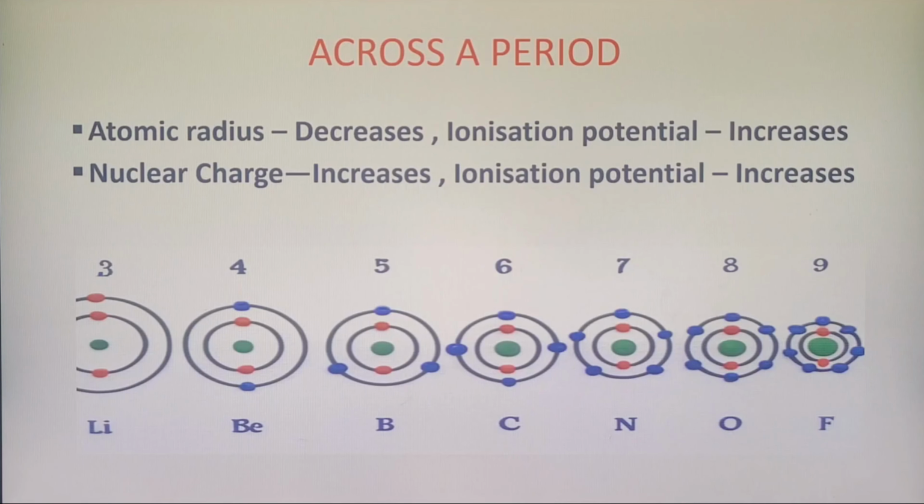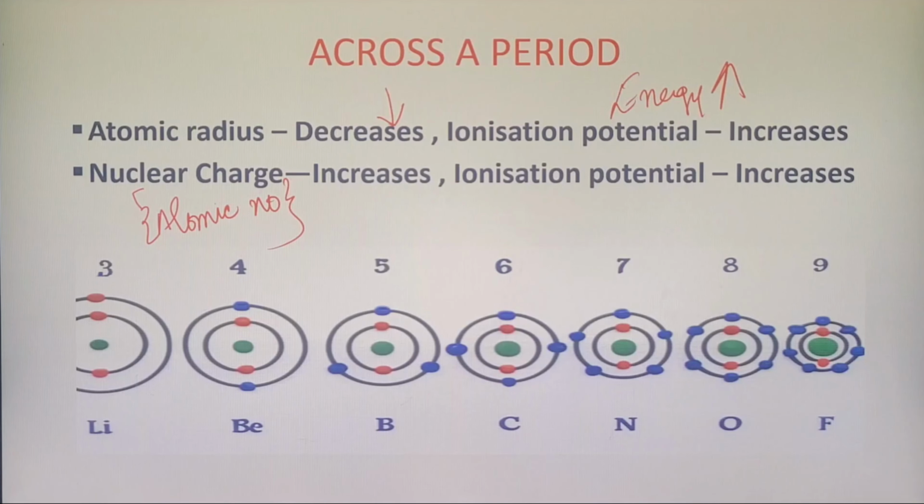Am I clear? So as the atomic size is decreasing, I have to provide more energy. Clear? Now what is the second factor, children? The second factor is nuclear charge. Who will give me the nuclear charge? The atomic number will give me the nuclear charge.